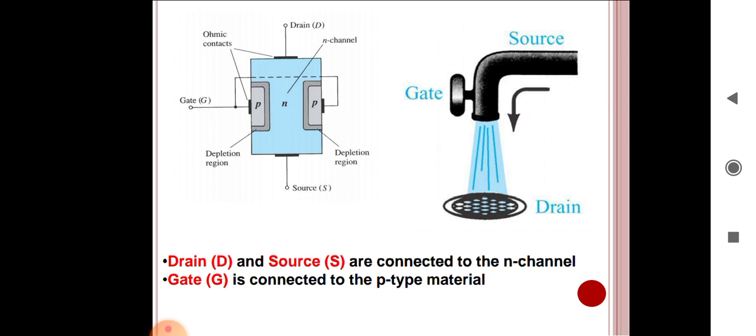Now all of you know what a depletion layer is. When we connect N type and P type semiconductor together, the electrons from the N type semiconductor and holes from the P type semiconductor attract each other because they have opposite charges, and opposite charges attract each other.